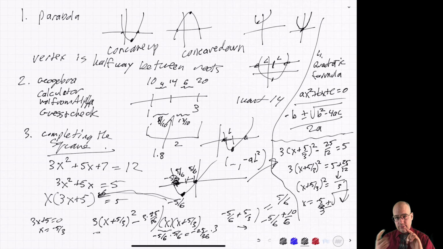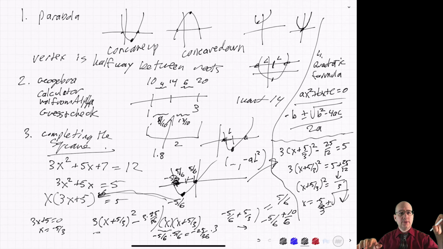The main thing to think about is, you have this parabola stuff, 2 roots, vertex in the middle. You can write a squared form based on that idea. Make sure you understand how to do that. We'll do several examples upcoming. And then once you have that squared form, just solve for the x.